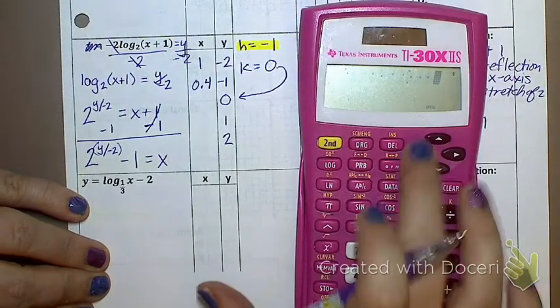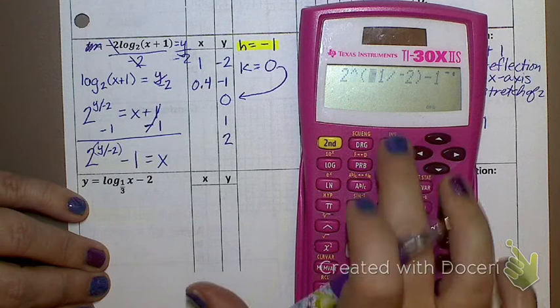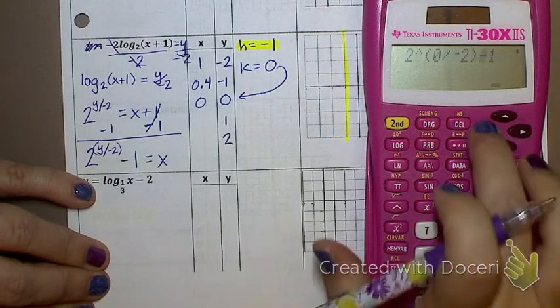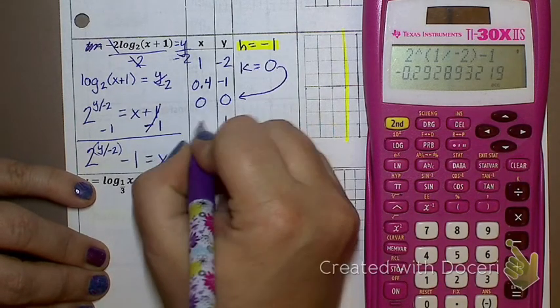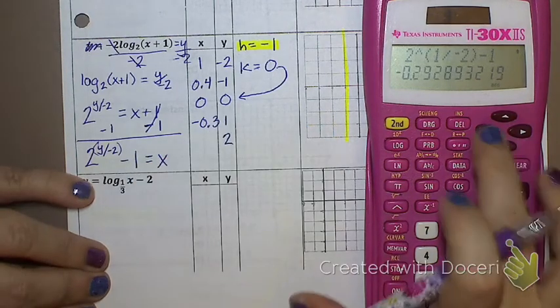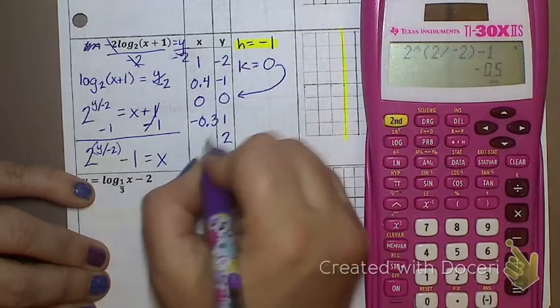Now I'm going to change the negative 1 to a 0. And I get 0. Change it to a 1. And I get negative 0.29. I'm going to call that negative 0.3. And finally a 2, and I get negative 0.5.